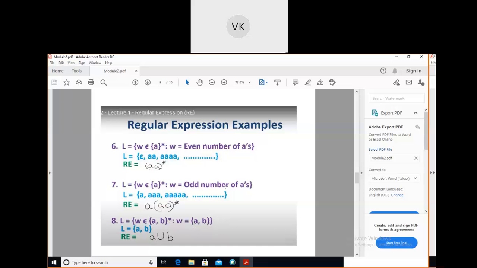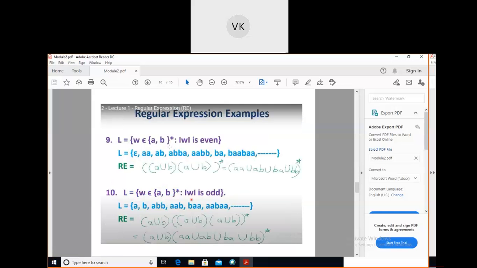The strings accepted by the machine are A and B. So the possible strings for this one will be A, B. So the regular expression will be A or B, A union B. Yes or no? A union B.